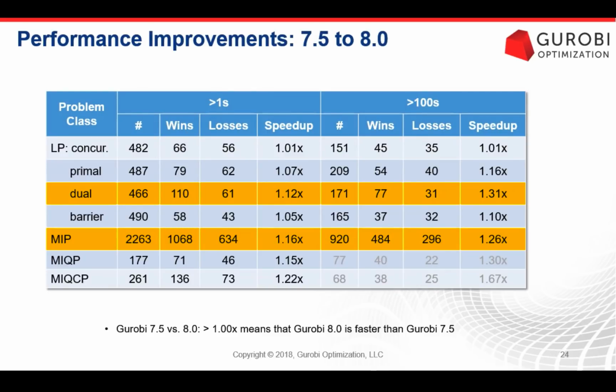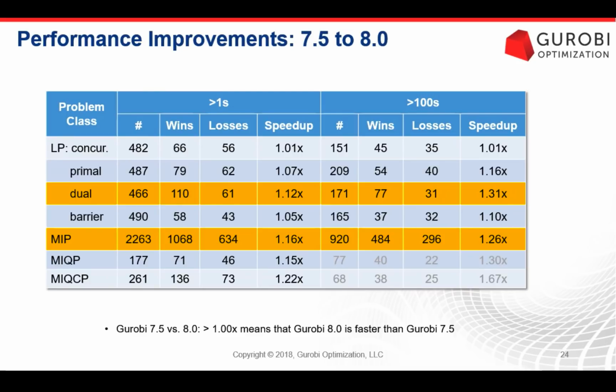So let's look at the performance improvements that we've gained moving from version 7.5, our most recent release, to version 8.0. This chart gives a whole bunch of data that speaks to the performance improvements. I'm not going to go through every number in this chart, but let me give you a sense of how to read it. Along the rows, we have different types of problems, and in the case of linear programming problems, different algorithms that can be used to solve them.